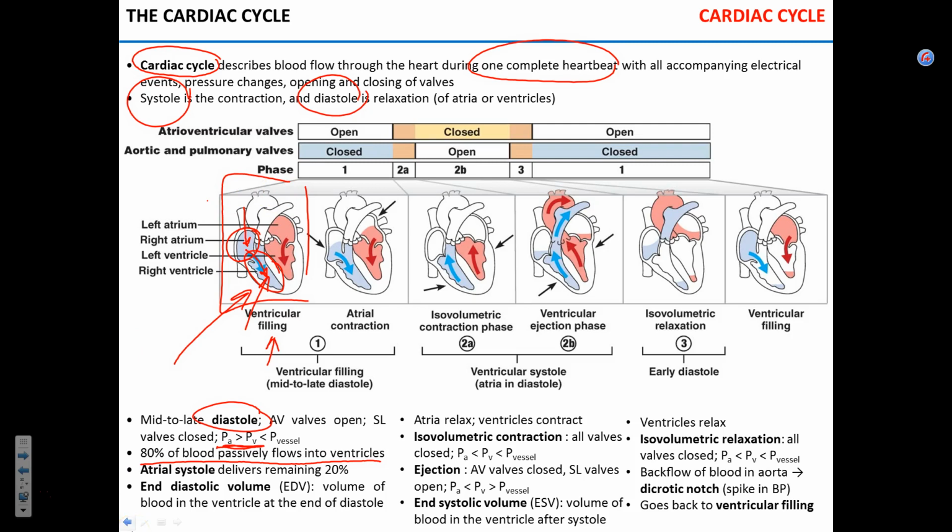Now, what about the semilunar valve? This one. Is it open or closed? It is closed. And why is it closed? Think about pressure relationships again.